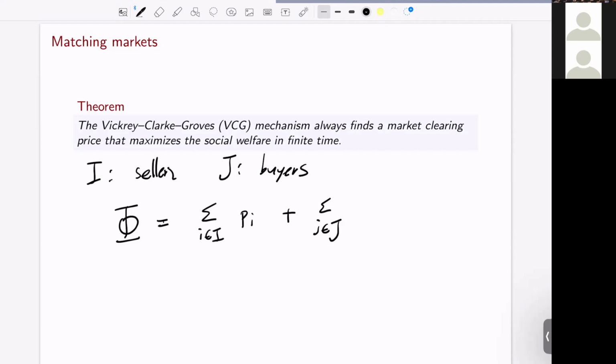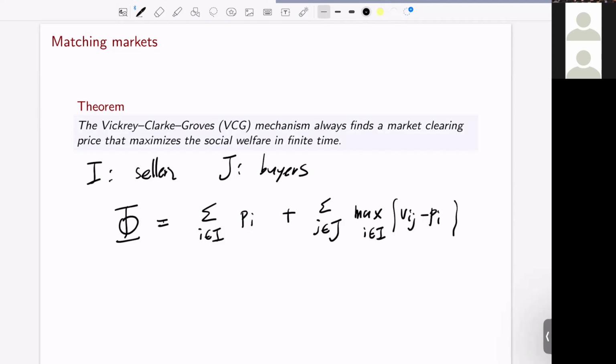is V_ij minus P_i. For the buyer J, I'm going to take the maximum utility, V_ij minus P_i.